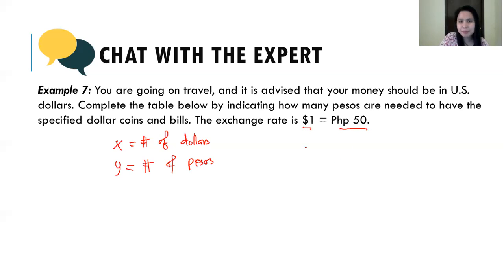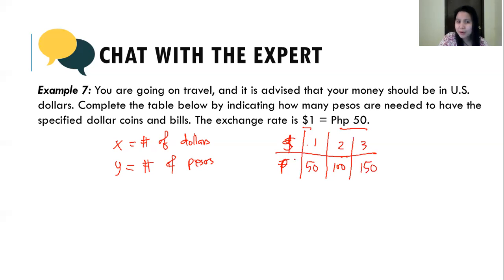So for example, let's have the dollar and then the peso. If you have $1, that's 50 pesos. If you have $2, that's 100 pesos. If you have $3, you have 150 pesos.